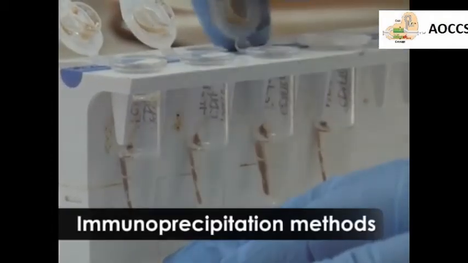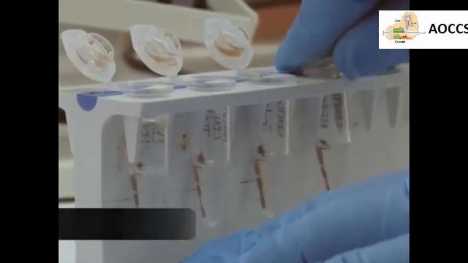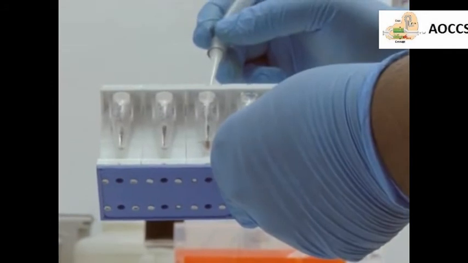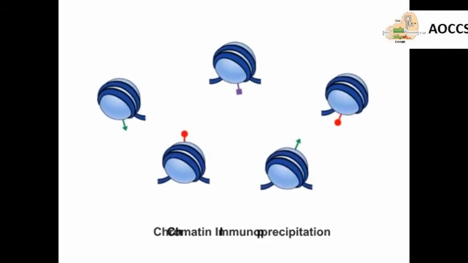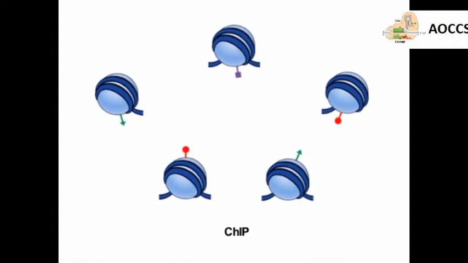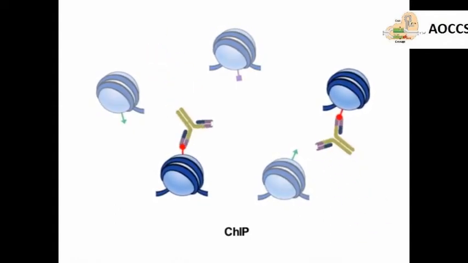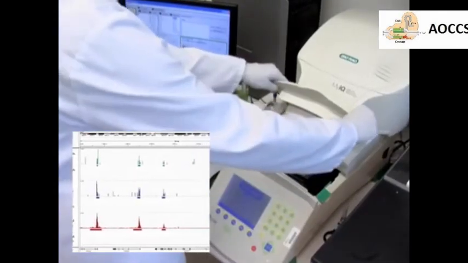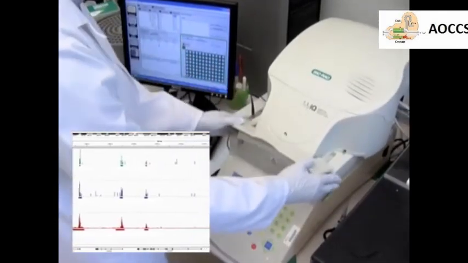Immunoprecipitation, or pull-down techniques, are used to identify DNA or RNA sequences associated with specific features. Chromatin immunoprecipitation, or ChIP, isolates DNA bound by particular protein factors or histone modifications, whose sequence information can then be analyzed by PCR or sequencing.